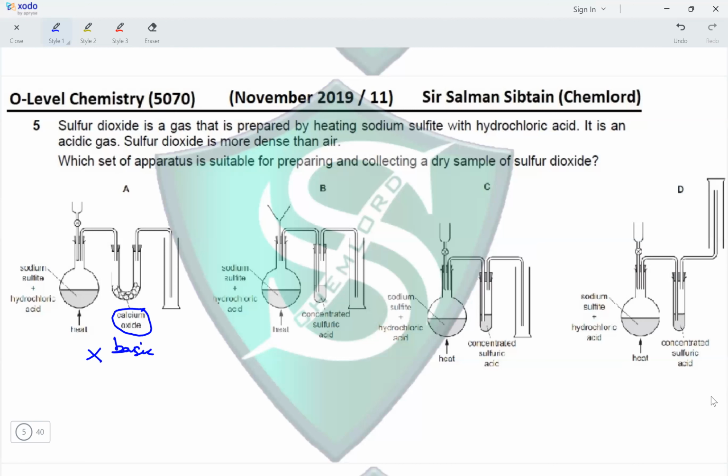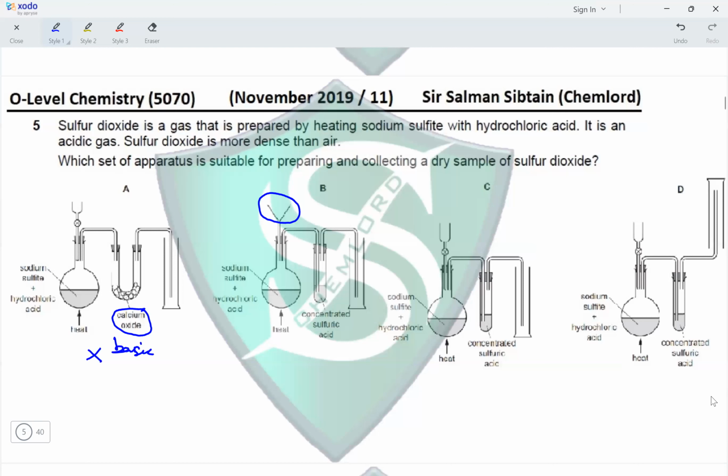In B, we've got the sulfur dioxide gas passing through concentrated sulfuric acid and then it is being collected in a downward delivery system. This is all correct, but the issue here is look at the round bottom flask. At the top of it, we have a funnel placed for addition of a liquid where we need a burette.